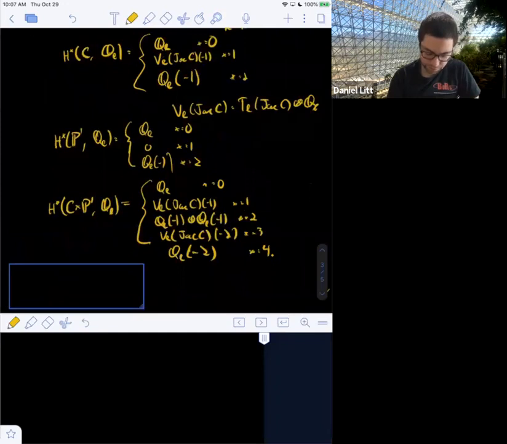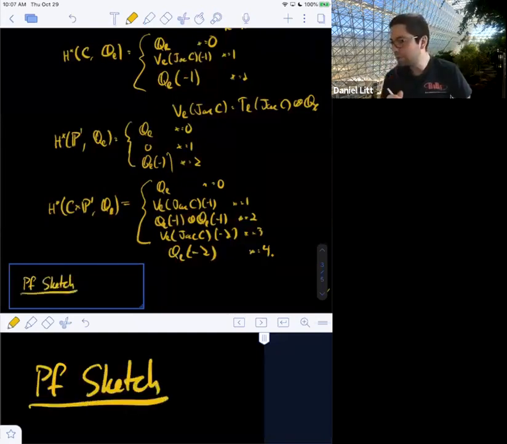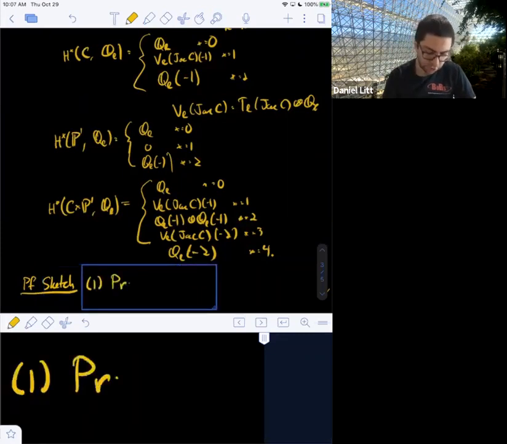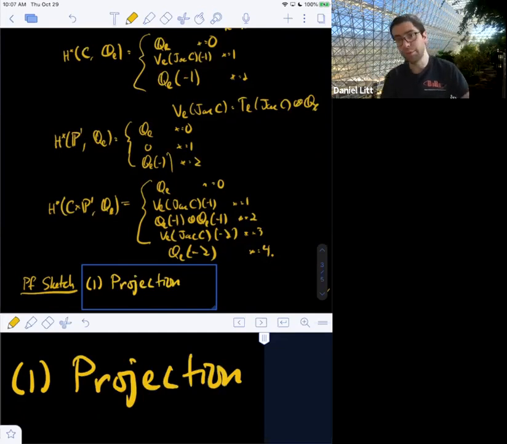Okay. Great. Now let me skip the proof. All right, so step 1 is the projection formula. Basically we're going to try to use the Leray spectral sequence. So we want to compute something on X times Y. We can compute that by projecting to X and then projecting to the point, right?